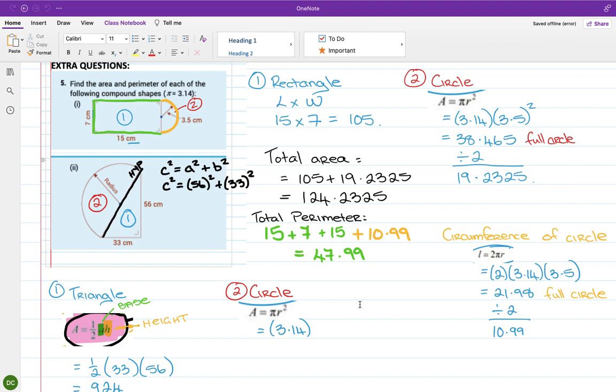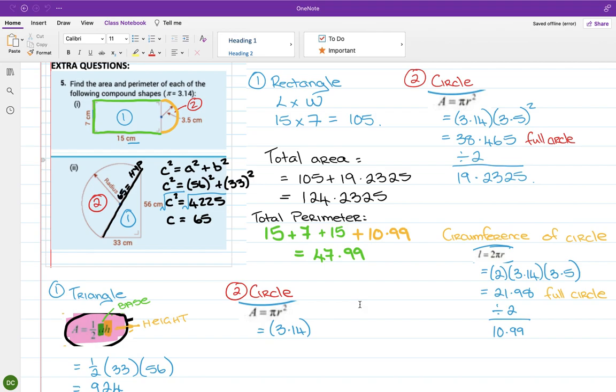We add them up, so 56 squared plus 33 squared, so C squared is 4225, and then to get rid of the square, we take a square root. So C is the square root of 4225, which is 65. So that means this line here is 65.